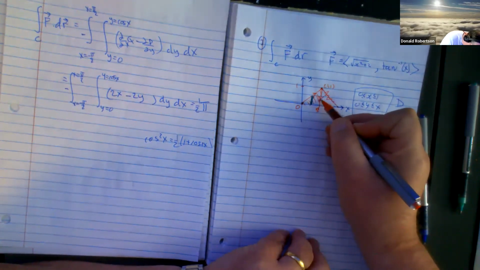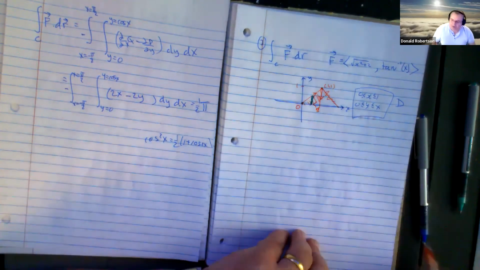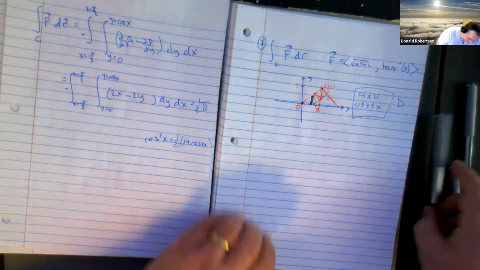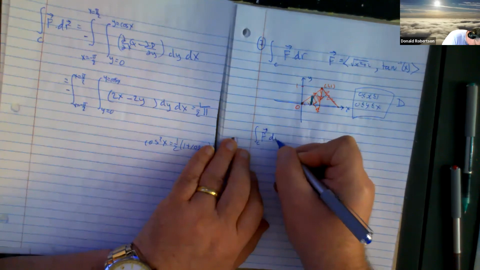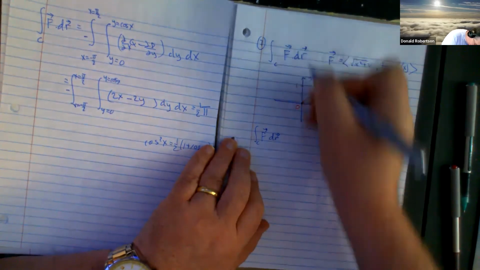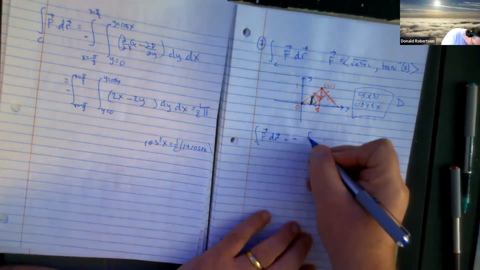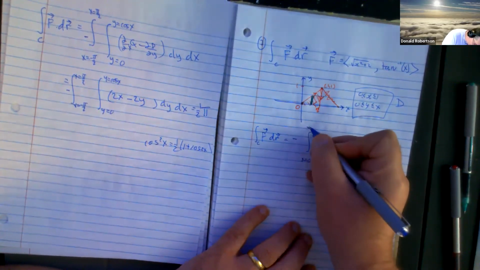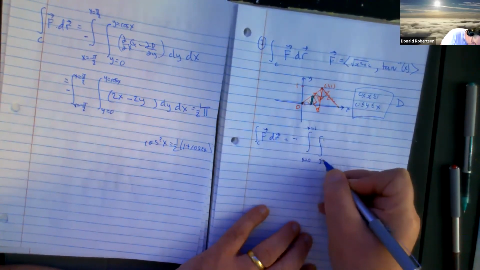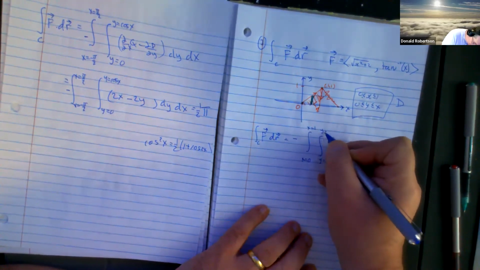And yep, haven't they done another negative orientation on us? So this guy is going to be negative a double integral from x equals 0 to x equals 1, and from y equals 0 to y equals x.